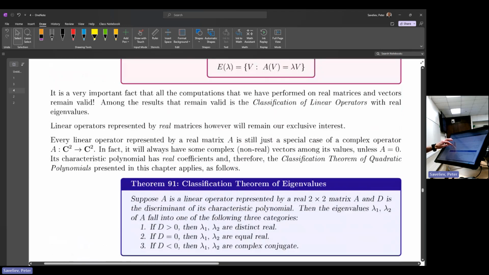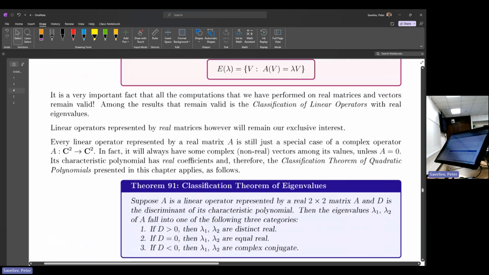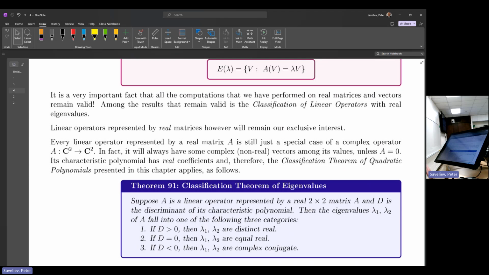Once again, classification of linear operators. Let's take a look at what we already have seen. We are scaling back and looking at the real matrices, as we started with. The discriminant of the characteristic polynomial determines how many roots we've got.